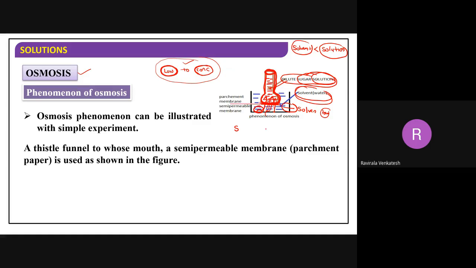Two things you have to remember: low to high concentration, otherwise solvent to solution side. This is the way of osmosis, right? Next.